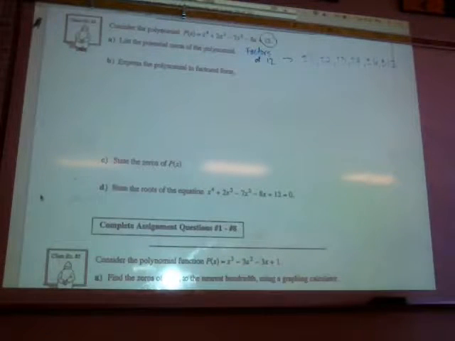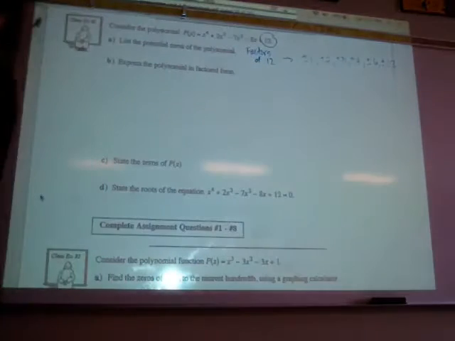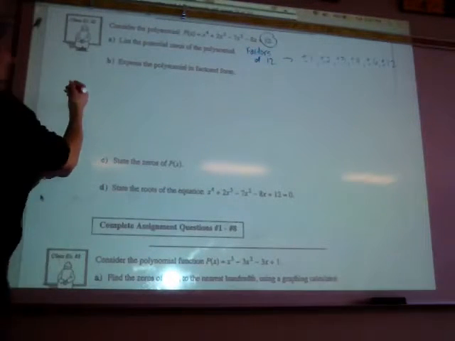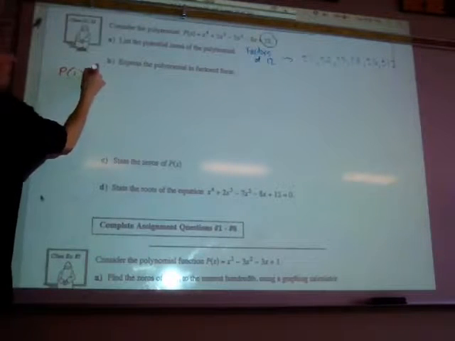So we have to see which of these factors will work. I would recommend starting with 1 or negative 1. We'll get some input from you guys. What do you want to start with first? 1? Sure. Okay, let's try P of 1.